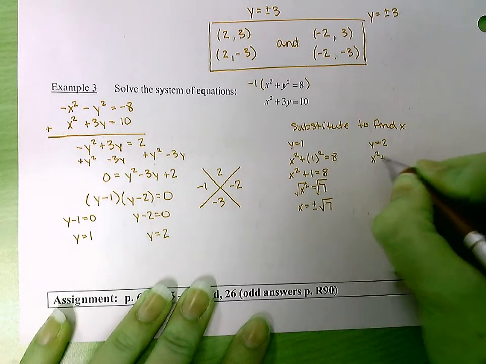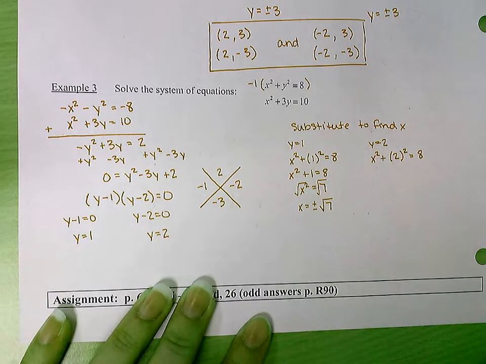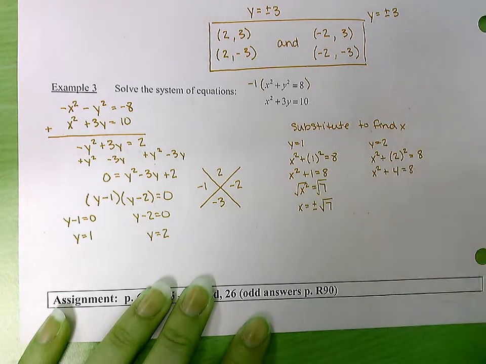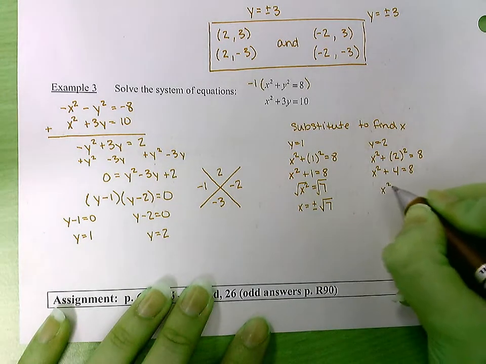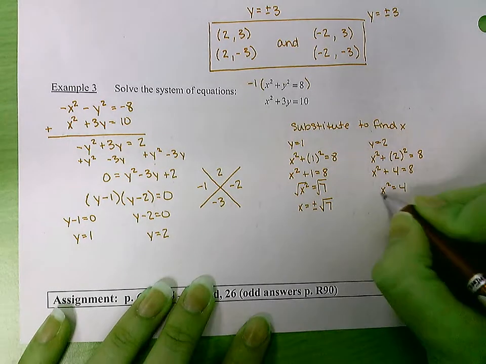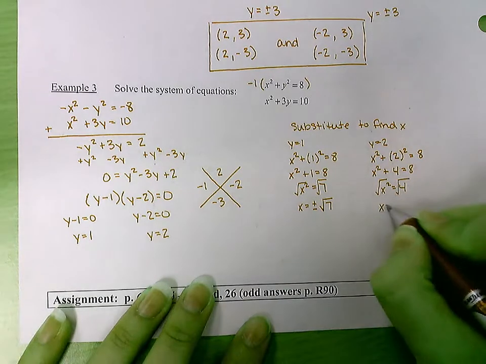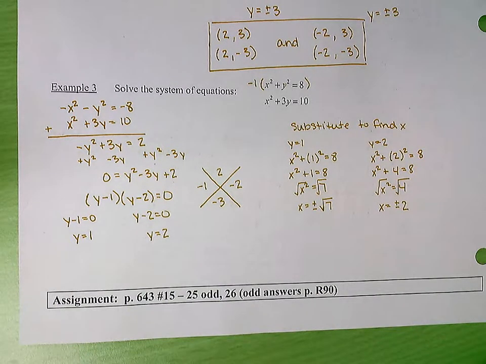So we have x squared plus 2 squared equals 8. So we have x squared plus 4 is equal to 8, where x squared is equal to 4. Take the square root of both sides, and x will be equal to plus or minus 2.